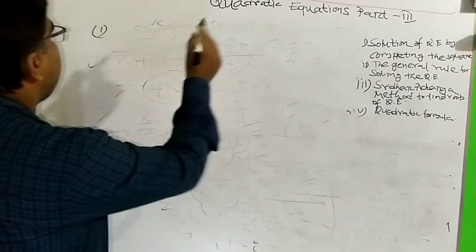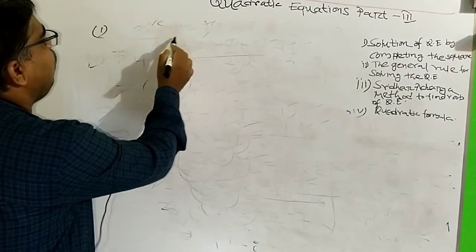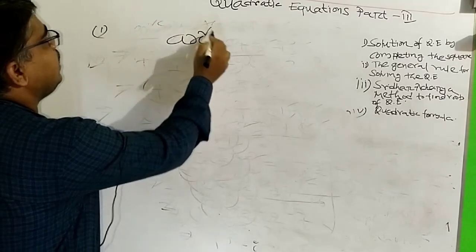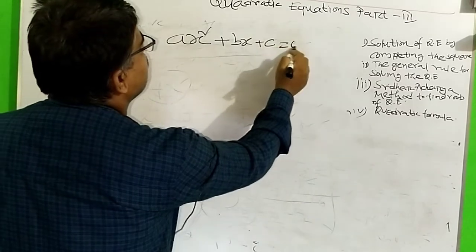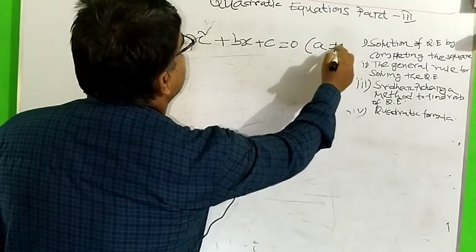We know that the standard form of a quadratic equation is ax square plus bx plus c equal to 0, a not equal to 0.